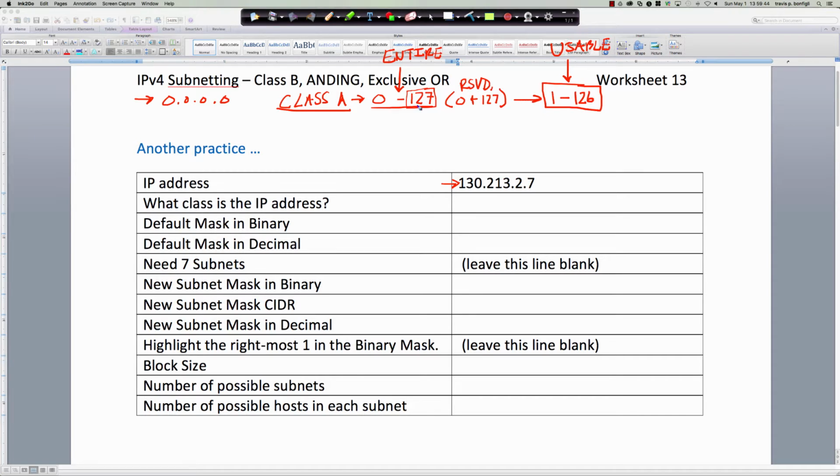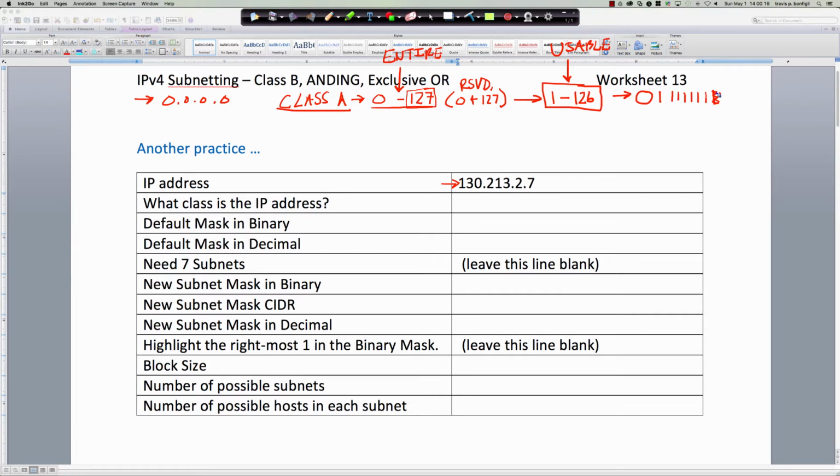So now if we know that we start at 0 at the low end and we can only go up to 127 on the top end, that tells us that the high order bit in the first octet would have to be 0, and then you could have 1, 1, 1, 1, 1, 1, 1. 1, 2, 3, 4, 5, 6, 7.